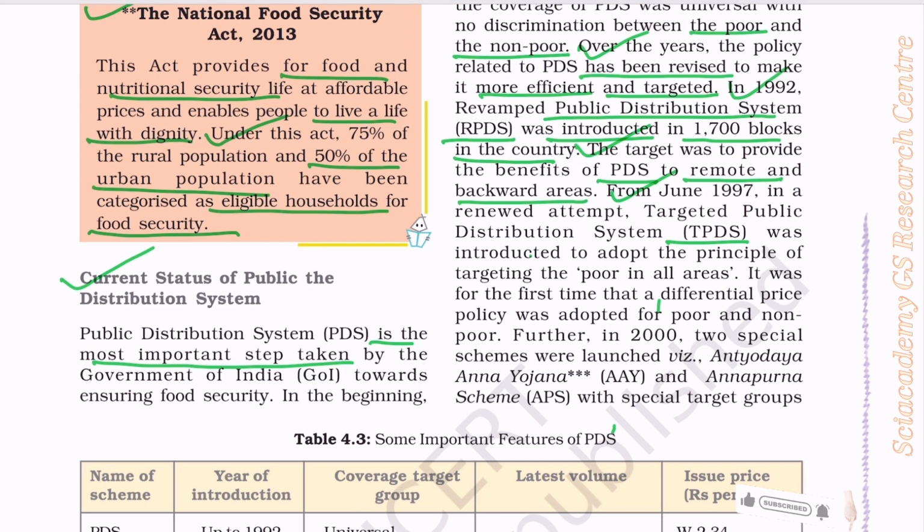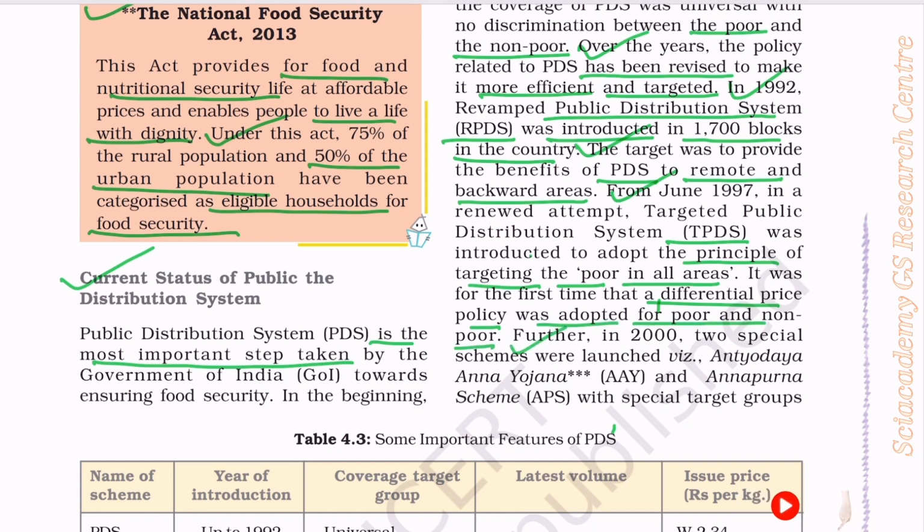From June 1997, in a renewed attempt, targeted public distribution system (TPDS) was introduced to adopt the principle of targeting the poor in all areas. It was for the first time that a differential price policy was adopted for poor and non-poor.